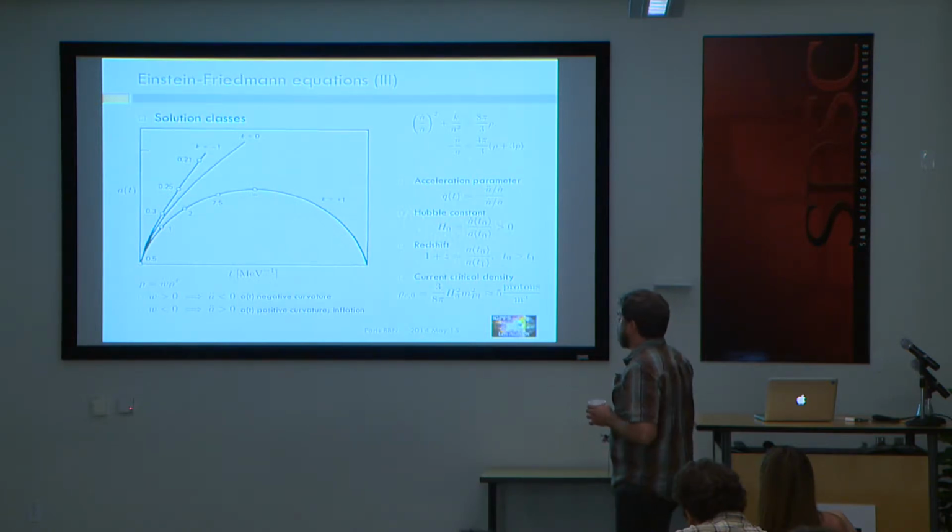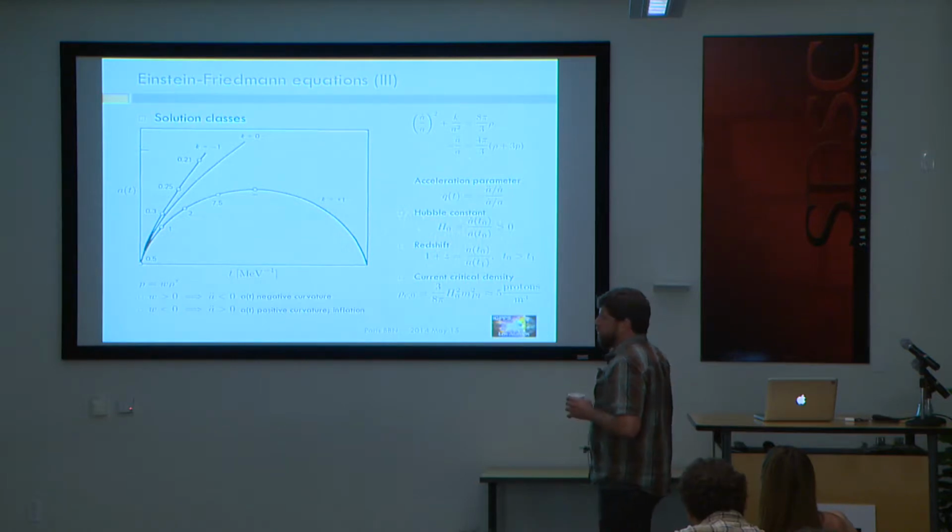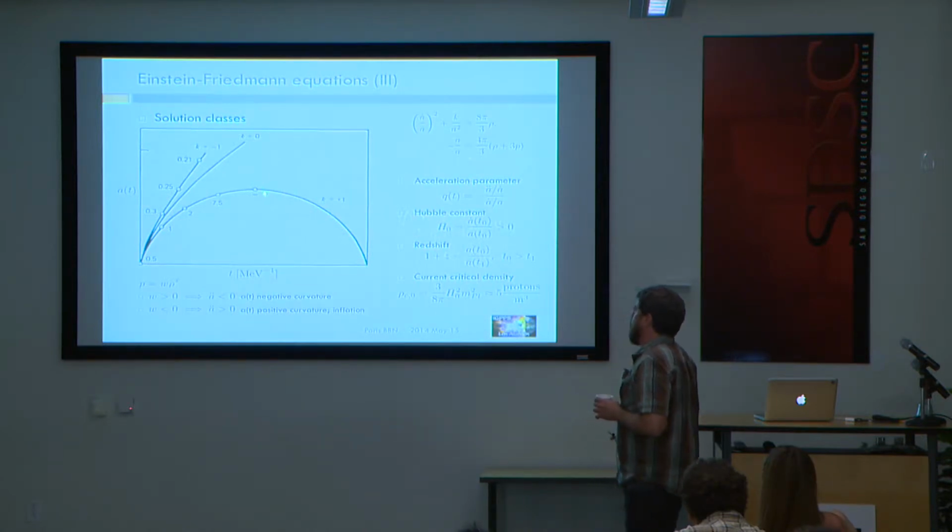It's got negative spatial curvature. K equals +1 is a closed universe. That means that the eventual state of the universe is to go back to a singularity, if you believe classical general relativity.